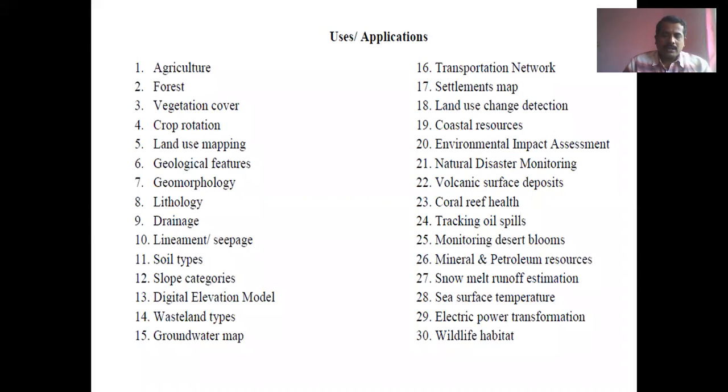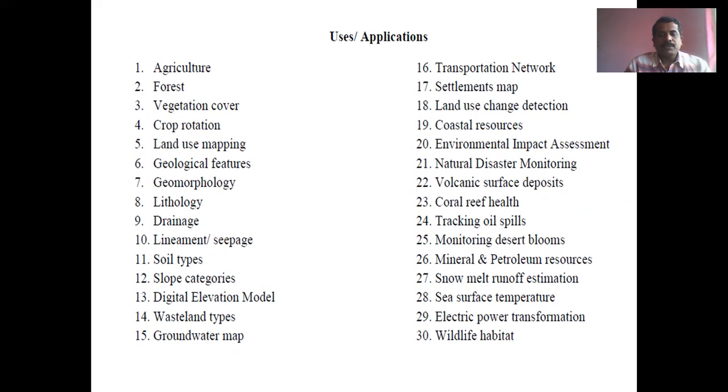We have all the different applications of remote sensing, GIS, GPS, and all those things, particularly when we are talking about Landsat imageries. These are the uses or applications: agriculture use, forest, vegetation cover, crop rotation, land use mapping, geological features, geomorphology, lithology, drainage pattern studies.